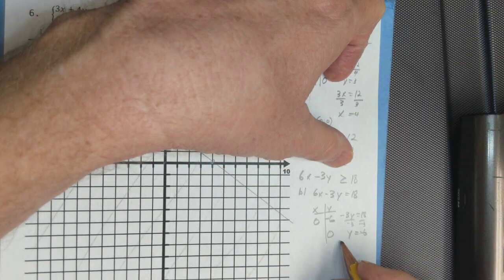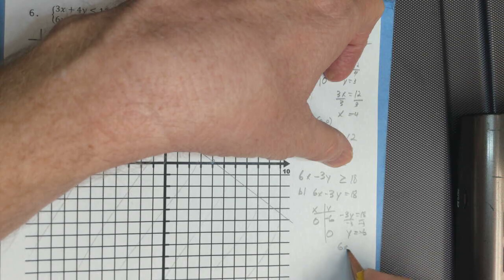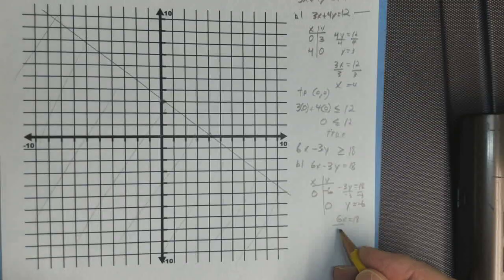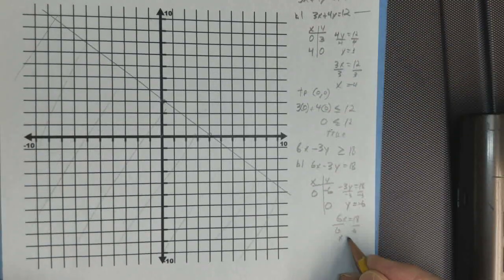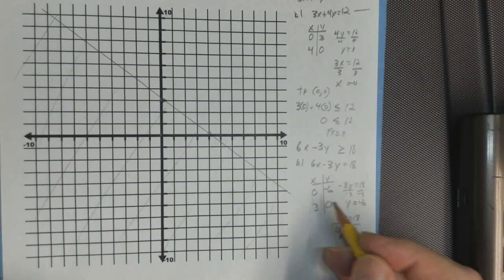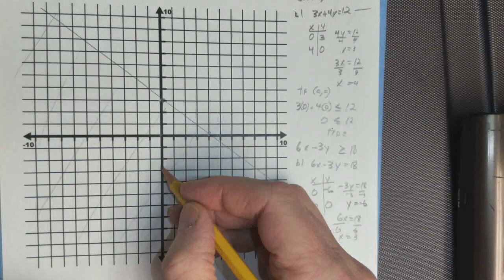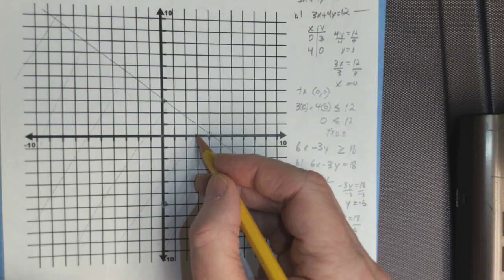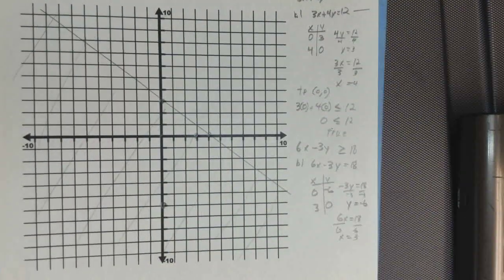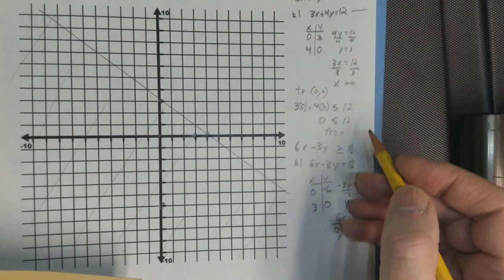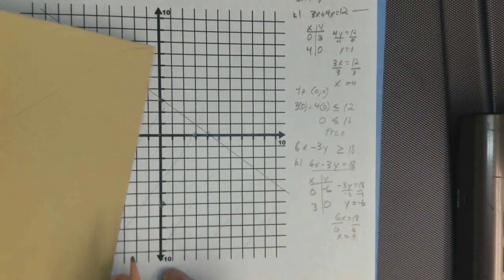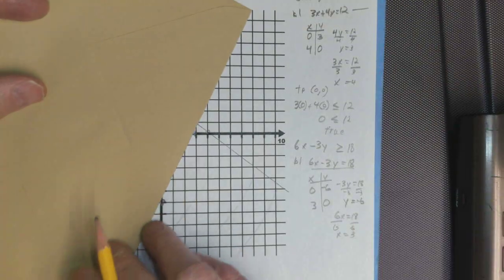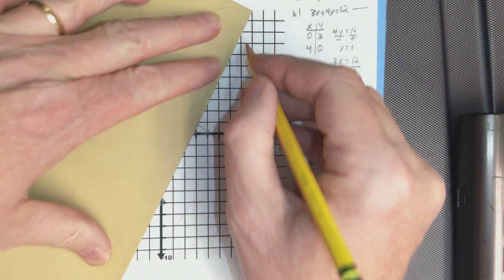Okay, when y is 0, you got 6x equals 18. Divide by 6, and I get x equals 3. So 0, negative 6. 1, 2, 3, 4, 5, 6. And 3, 0. This boundary line is solid also. This point and this point. Drawing my solid boundary line.